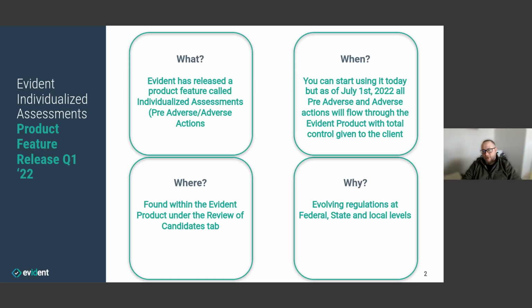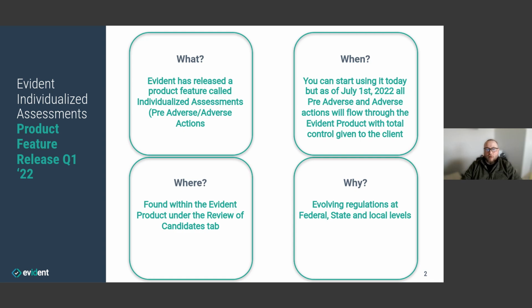When can you start using this? You can actually start using it today, but as of July 1st this year, all of the pre-adverse and adverse actions will flow through the Evident product with total control given over to you, the client. Where are you able to find this? You'll be able to find this within the Evident product under the Review of Candidates tab.